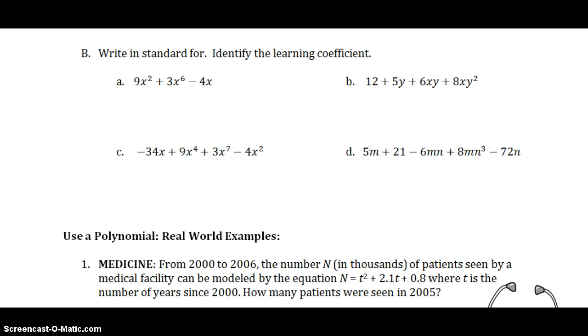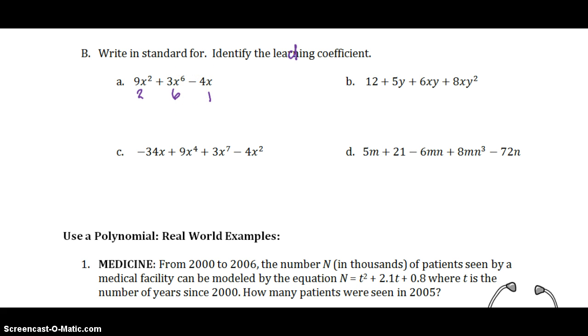Moving on to example B, where we're going to try to write our polynomial in standard form. And then we'll identify, this is supposed to say leading, the leading coefficient after we have it in standard form. So let's first determine our degrees. Here I have 0 and 2, so a degree of 2. Here I have 0 and 6, and 0 and 1.